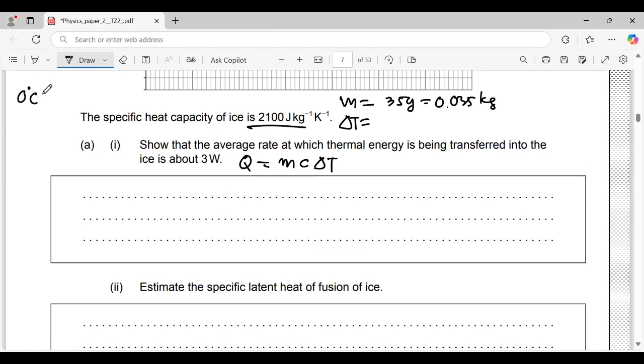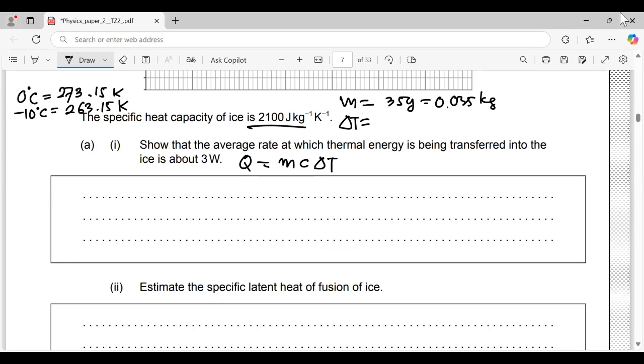Zero degrees Celsius equals 273.15 Kelvin, while minus 10 degrees Celsius is equivalent to 263.15 Kelvin. I have checked this one.